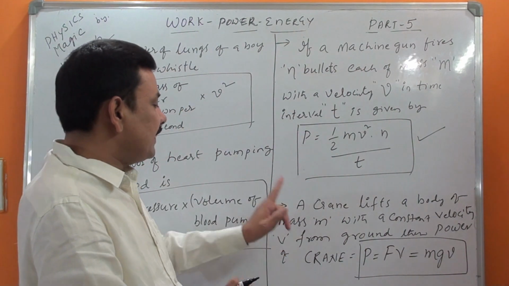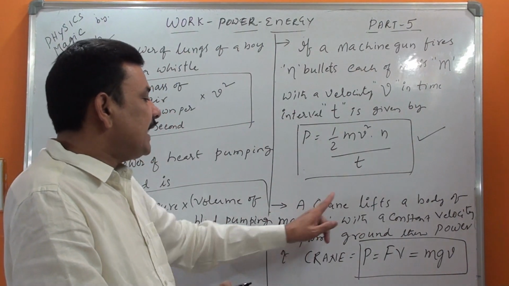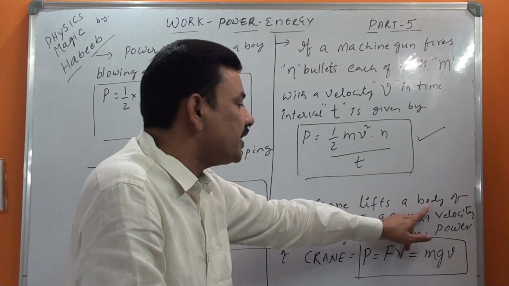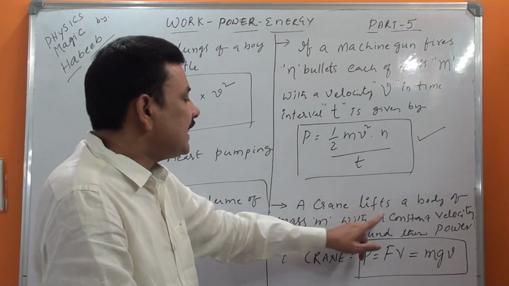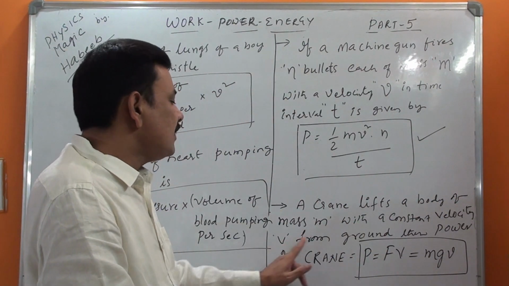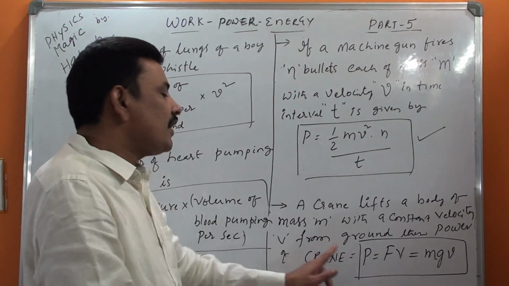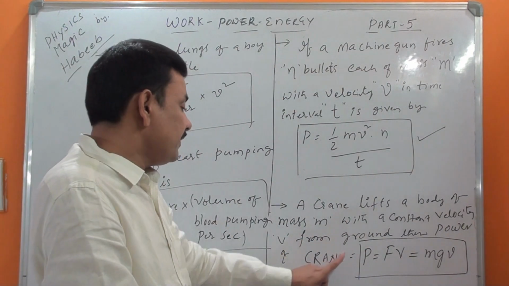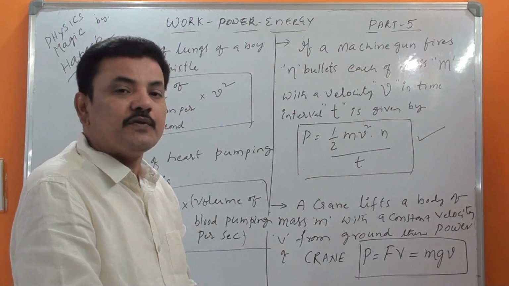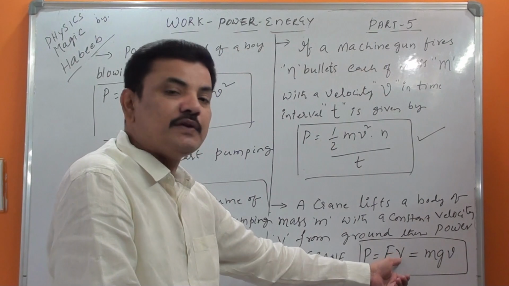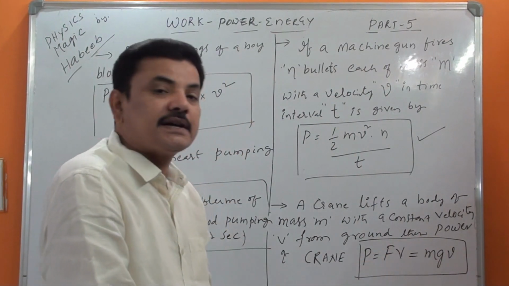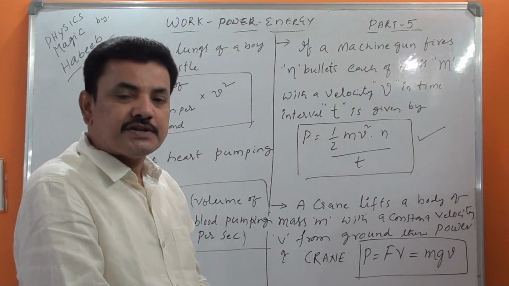Then you go to the second one, which is another very simple one. A crane lifts a body of mass m with a constant velocity v from the ground, then the power of the crane is equal to what? He only gave constant velocity. Constant velocity means power is equal to force into velocity, and the force applied by the crane is equal to the gravitational force.